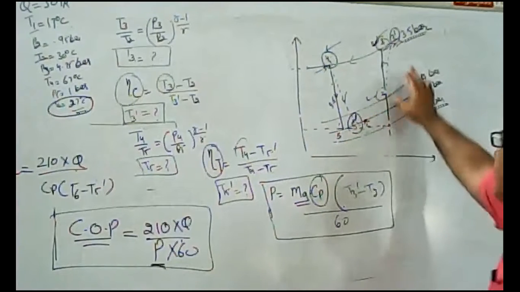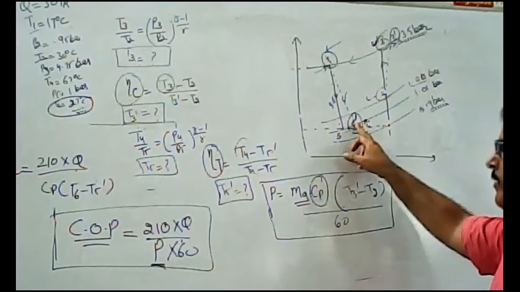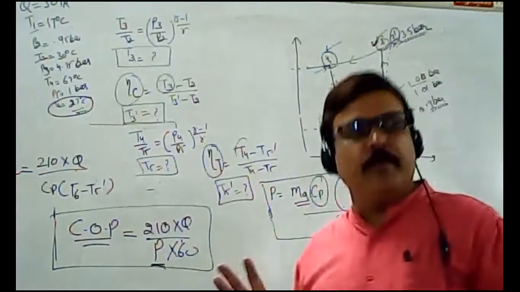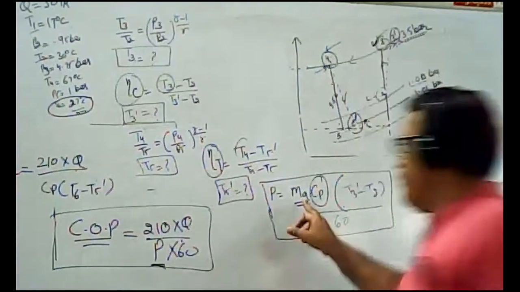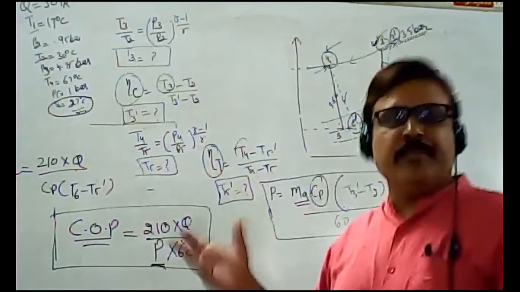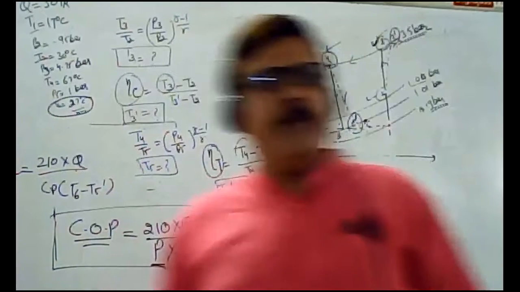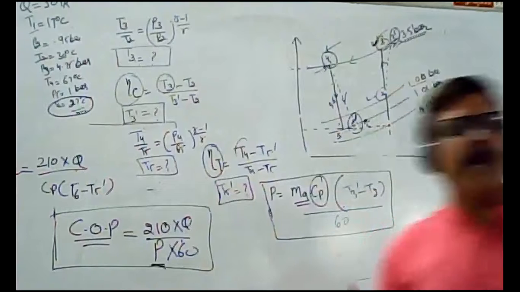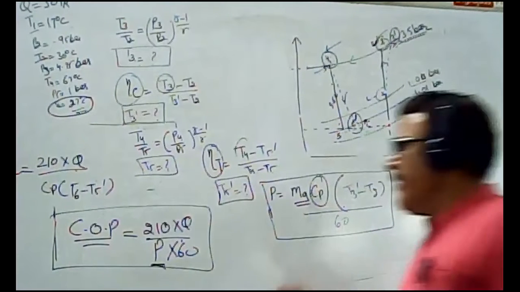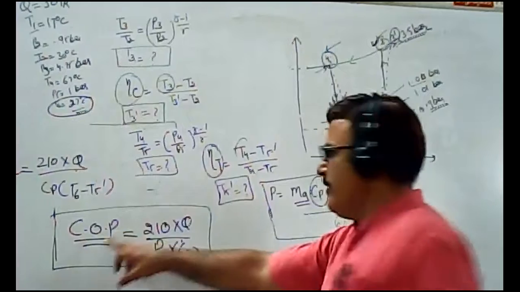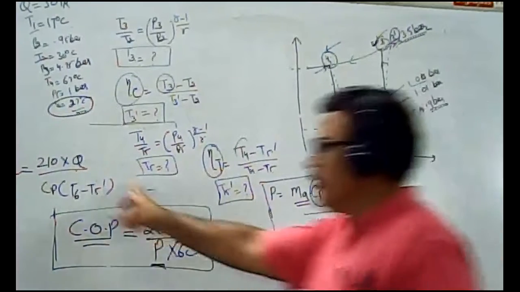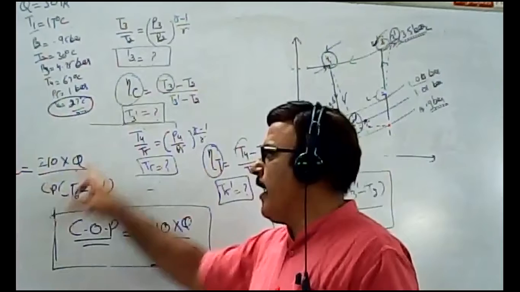After knowing all the temperatures, T3 dash and even T5 dash, then you will be able to calculate the mass of the air that will be passing through your refrigerating space, through your cabin from where it will take the heat load.